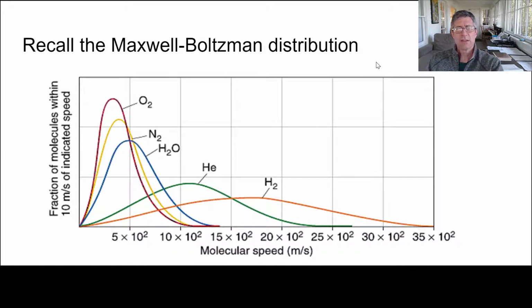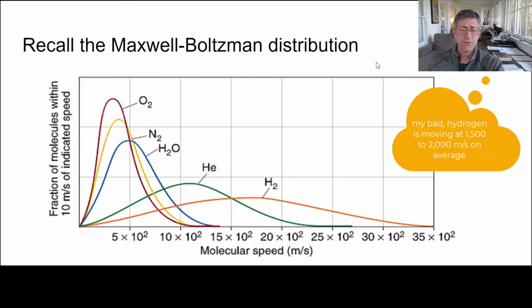We also had this idea that all molecules are not moving at exactly the same speed. So if I look at gases at room temperature, I'll find that something like hydrogen, this orange line, on average is moving between 150 and 200 meters per second.